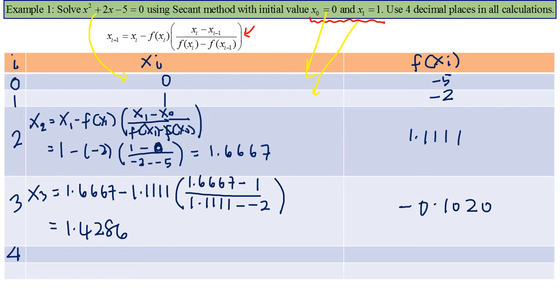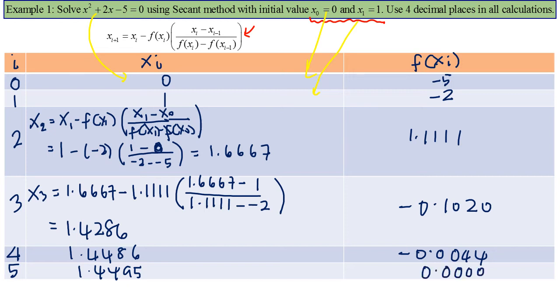For this one, you use x3 and x2 and substitute into the formula, you get 1.4486. Substitute into f(x), you will get negative 0.0044. Then continue for iteration 5, you will get 1.4495, and substituting in f(x), you get 0.0000.